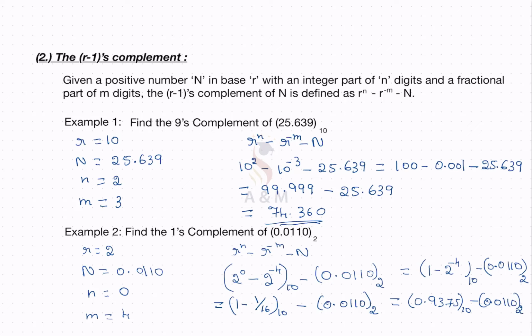Here both the values have different bases. Therefore, we have to convert into one base, that is binary base, which is equal to 0.1111 minus 0.0110 to the base 2. We get 0.1001 to the base 2 as an answer.